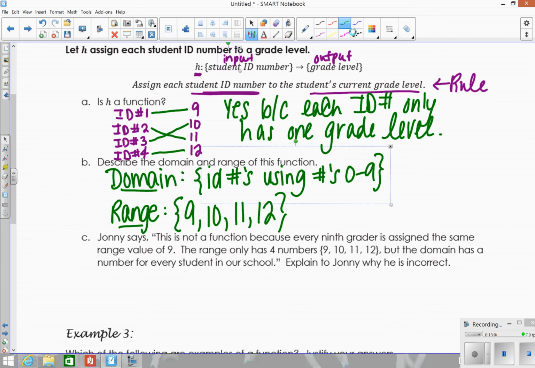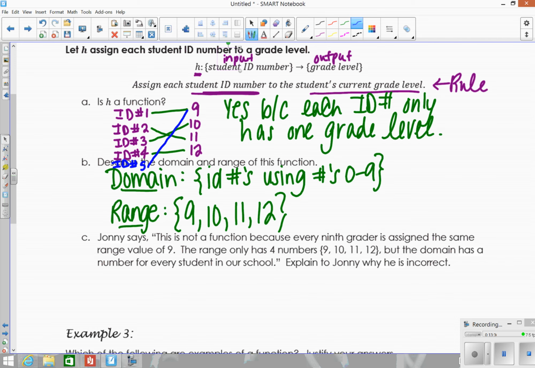So what if I went back up top here and I added in an ID number 5 and I said, okay, well, that person is also a freshman. So now he's saying that because I have 2 inputs going to the same output, that it's not a function. But he's wrong, so explain why he is incorrect.